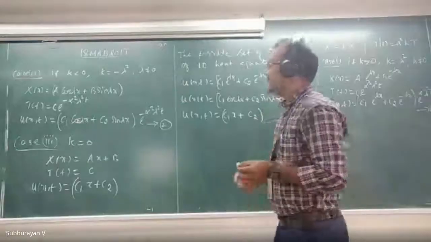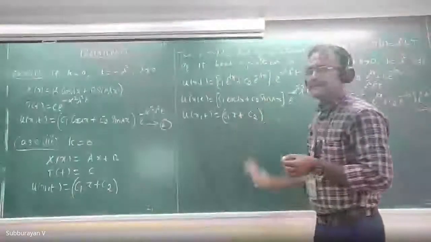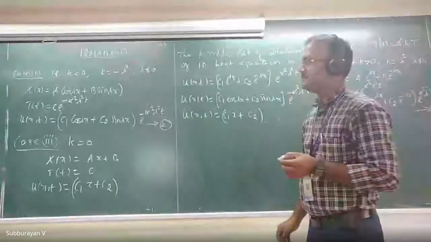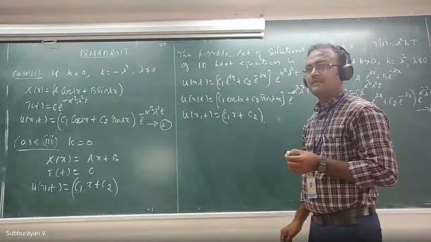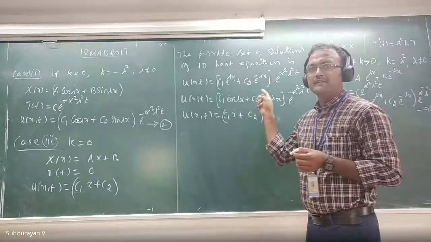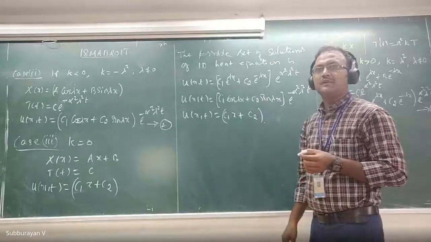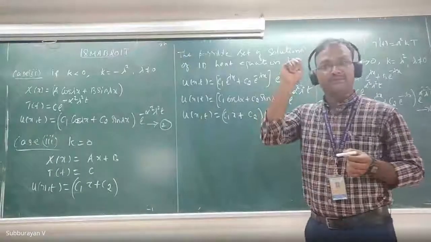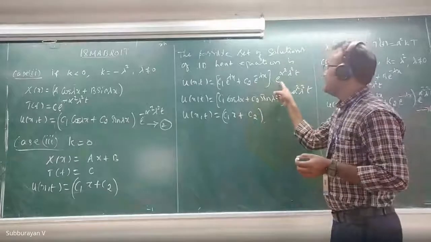Okay, fine. Now, among these three, which one represents such a situation? When time goes to infinity, this should go to 0. Sir, the second one. Okay, so the second one is representing such a situation. See, what will happen in the first case?